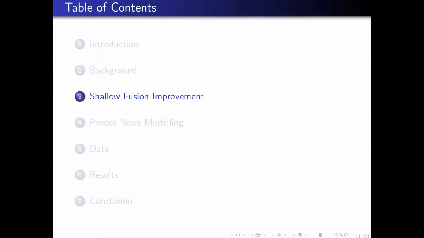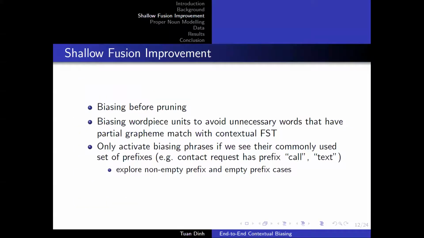This section is about shallow fusion improvement to address the early pruning and anti-context. To improve the shallow fusion, first we do the biasing before pruning.